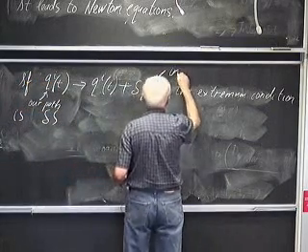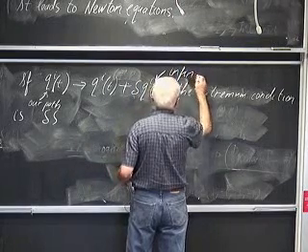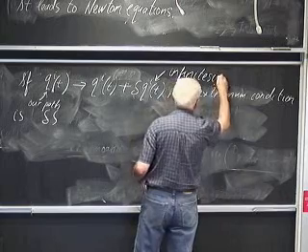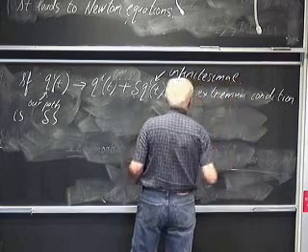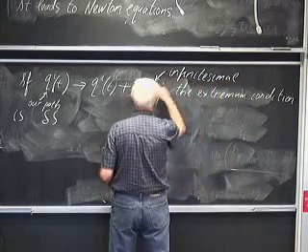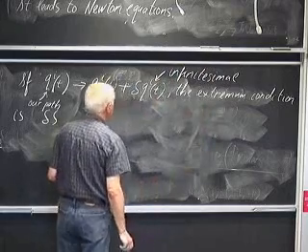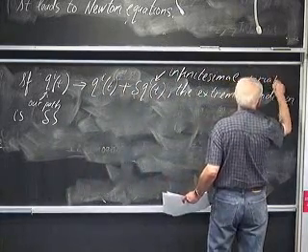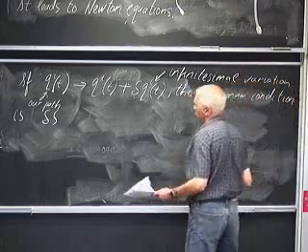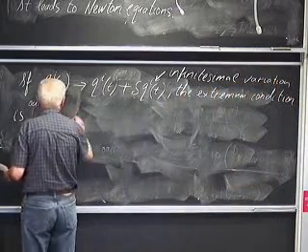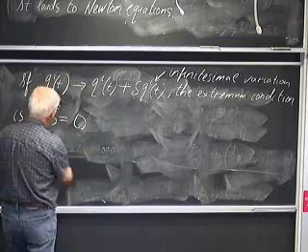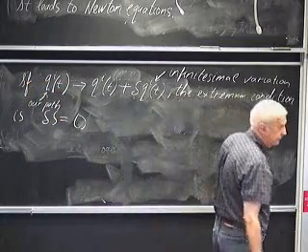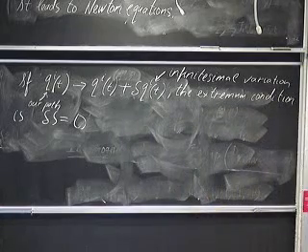So they are small variations. This is the extremum condition, delta S equals 0, like in calculus. First derivative equals 0.